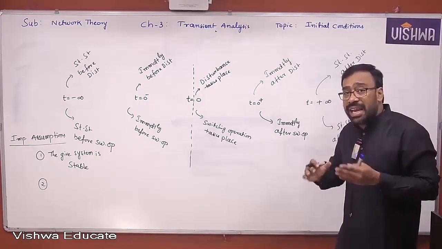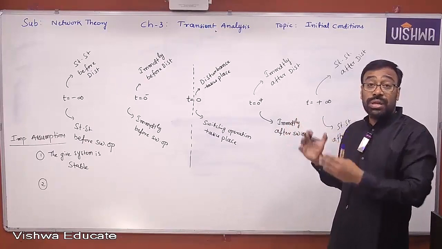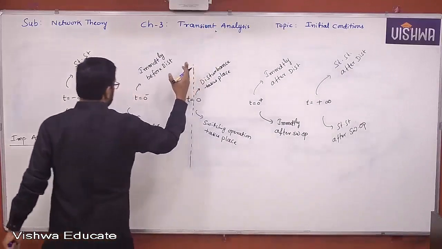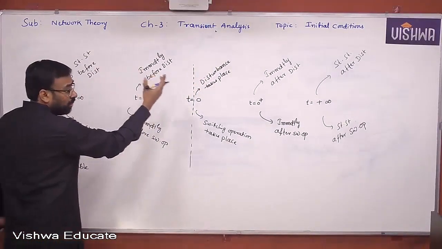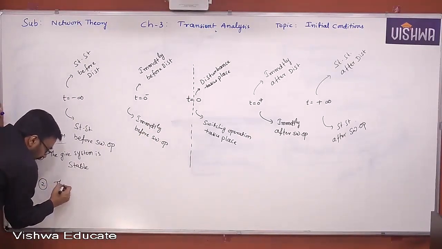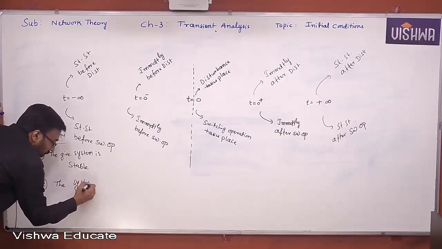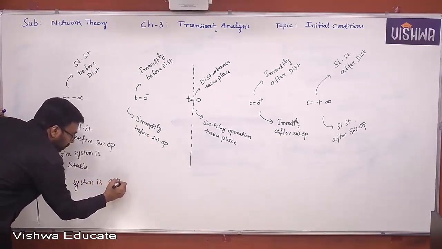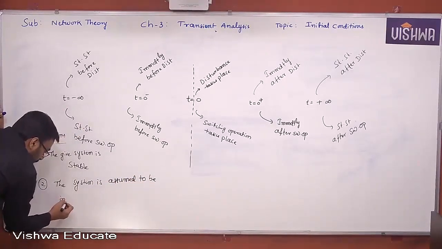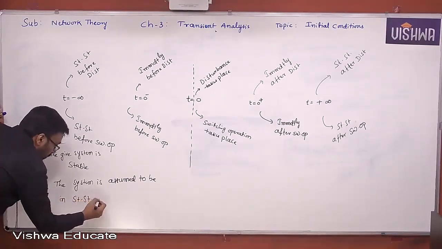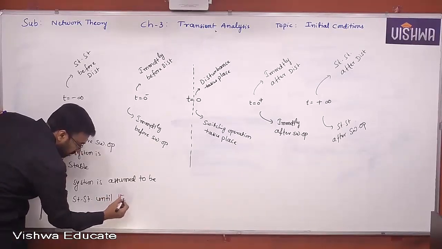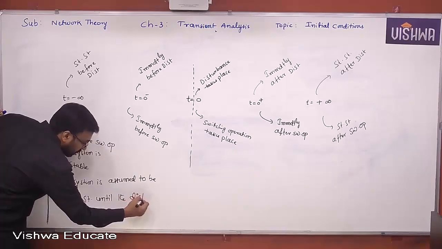But to carry out the transient analysis, the most important assumption is that until the disturbance takes place, the given system is assumed to be in steady state. Please write down that. The system is assumed to be in steady state until the disturbance takes place.